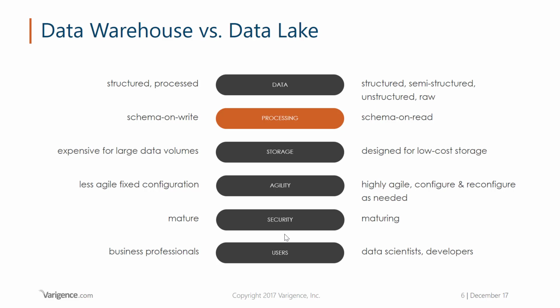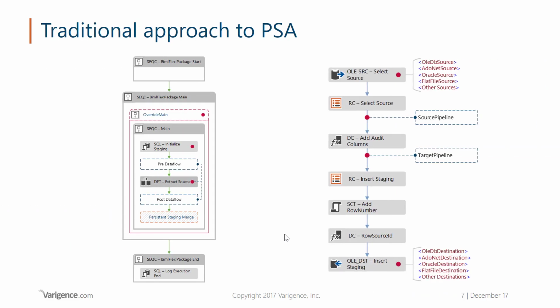So for me, the key one that we're going to focus on today is the processing bit. So let's look at a traditional approach, or SSIS. As you said, most of you are familiar with Biml, so you will probably be using or have used Biml to generate SSIS packages. So let's look at a traditional persistent staging environment.